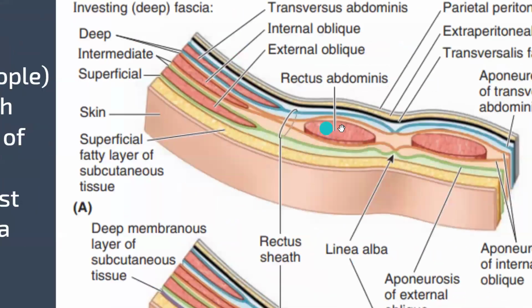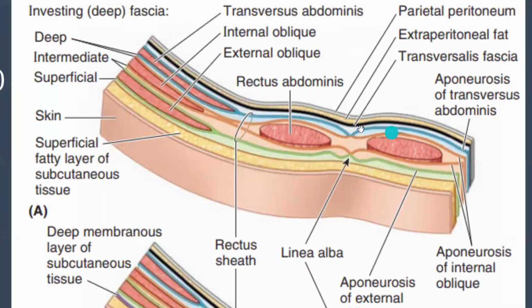Rectus abdominis is here, and it is enclosed from posterior and anterior by all three sheaths. Okay? Remember that the black color is called transversalis fascia. It is the layer behind the transversus abdominis muscle, all right? So the rectus sheath is enclosed by transversalis fascia posteriorly, and the sheaths of the external and internal oblique muscles.